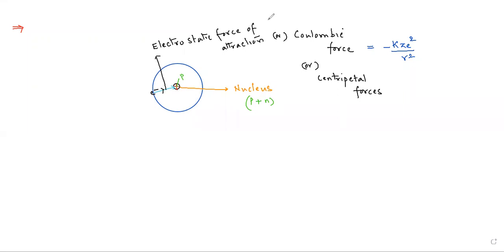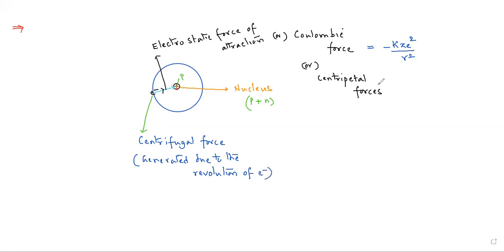But you know, electron tries to move away from the attraction of the nucleus. In order to move away from the attraction of the nucleus, it operates a centrifugal force. This particular force is generated due to the revolutions of electrons. So centripetal force and centrifugal force are, of course, operated in opposite direction.